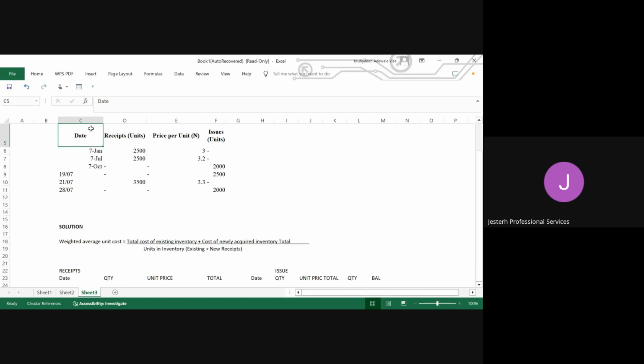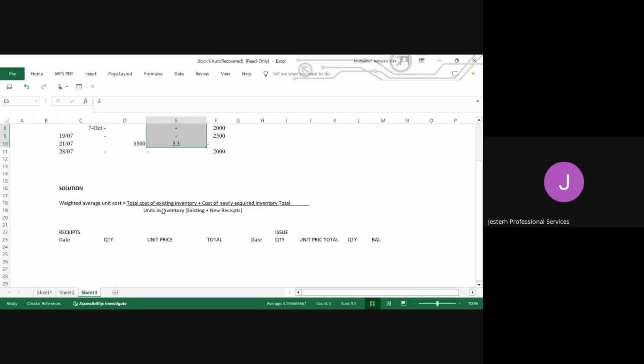On the 1st of January, they purchased 2005 units. At what rate? They were able to purchase it at the rate of 3 naira.